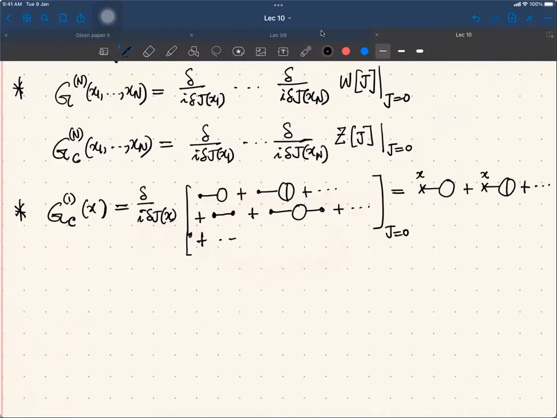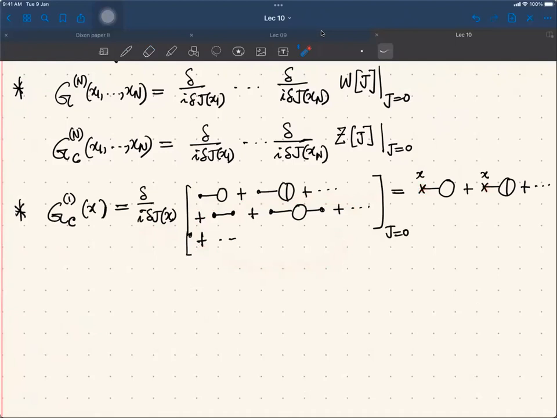Now you see for these diagrams, the symmetry factor does not change because there was only a single dot and there was no symmetry factor associated to that, and fixing that dot to a particular space-time point does not change the symmetry.